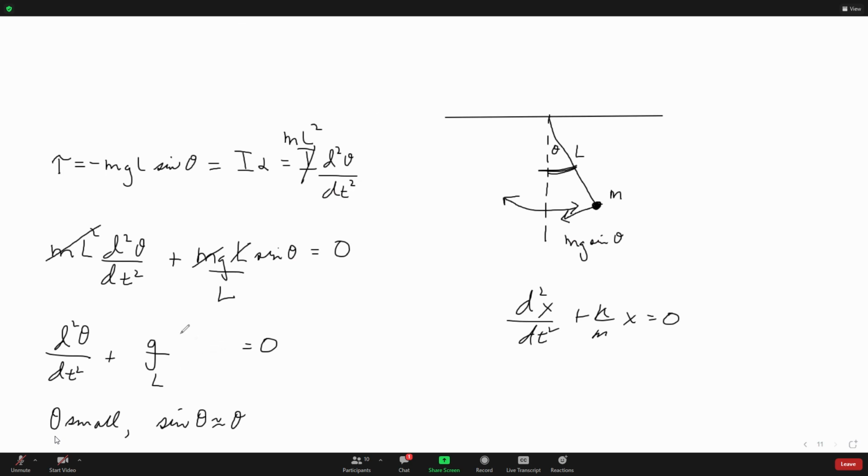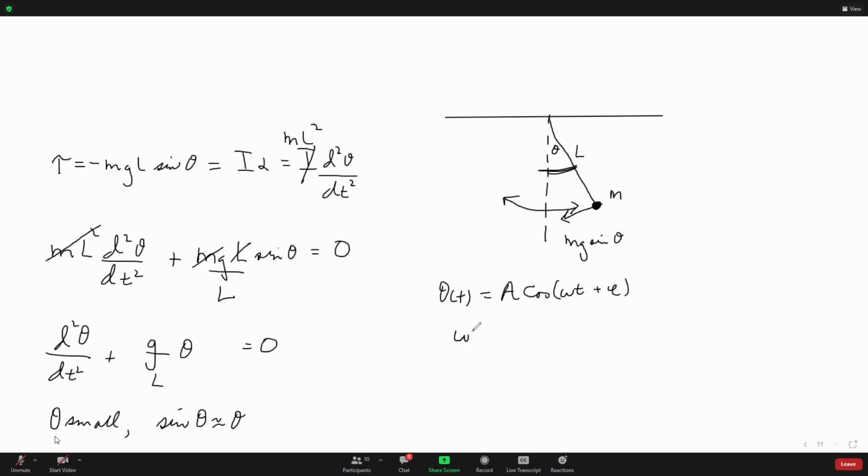And now I have the equation for the simple harmonic oscillator. And my solution by inspection, because you know what the other one's solution is, so you know what this is going to be: theta as a function of t is equal to some amplitude, which is an unknown constant that you need to solve for given initial conditions, cosine omega t plus phi, where phi is another constant that you need to evaluate using initial conditions.